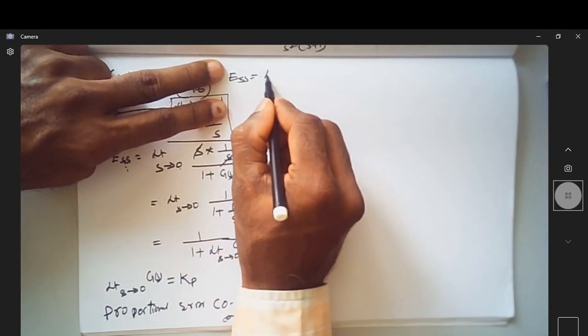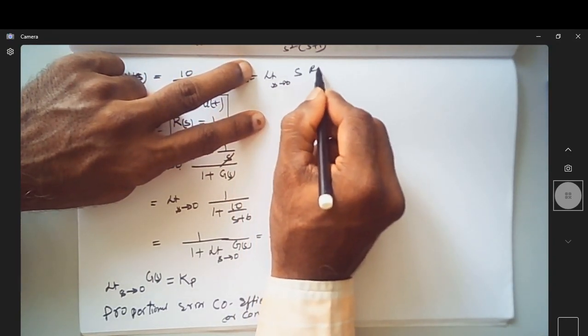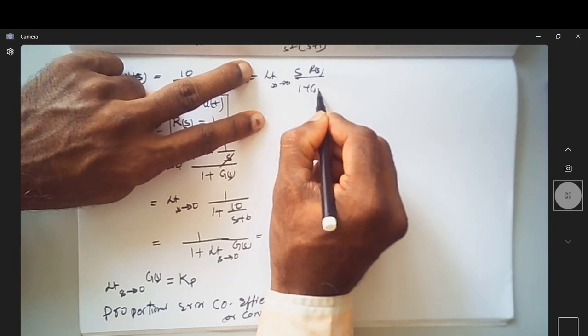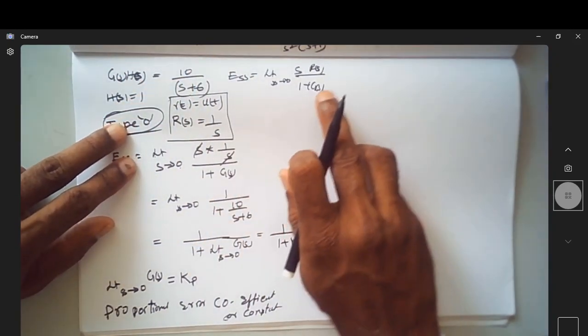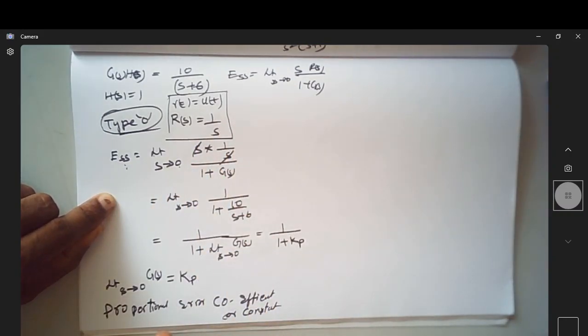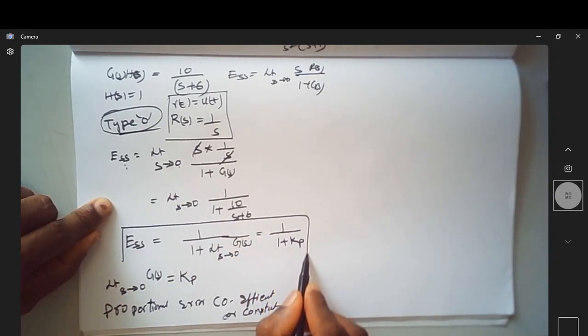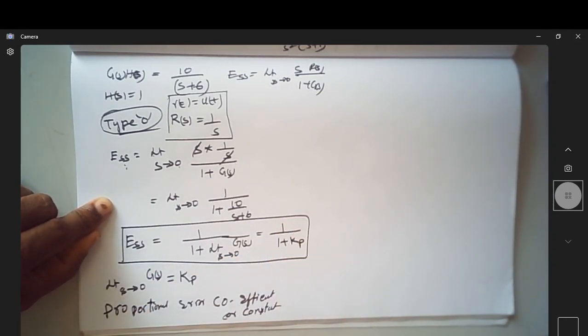ESS is nothing but limit of s tending to 0 s into R(s) by 1 plus G(s). In place of R(s) I have substituted 1 over s, so we end up with ESS given by 1 over 1 plus Kp, provided the input is a unit step input.